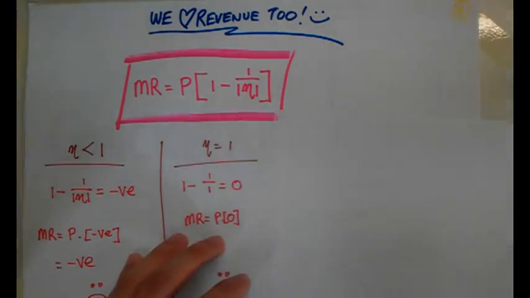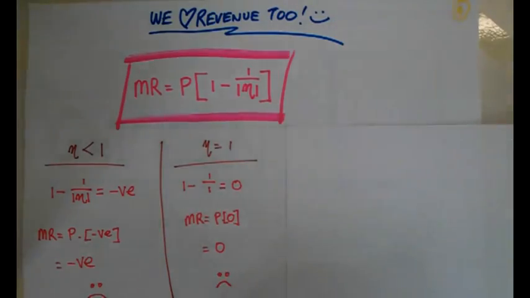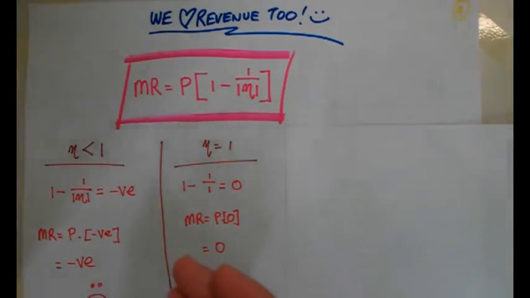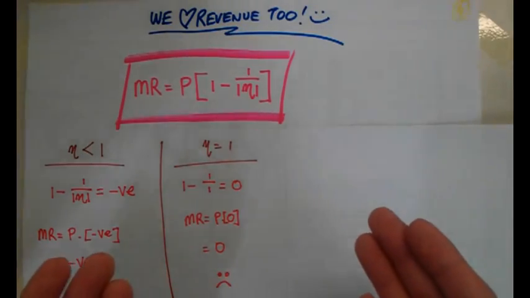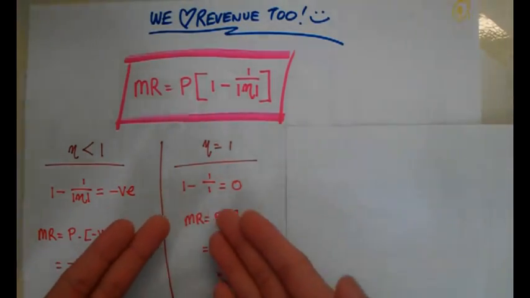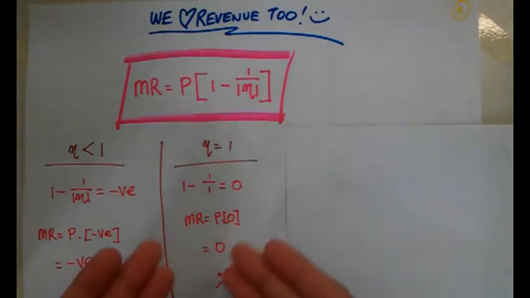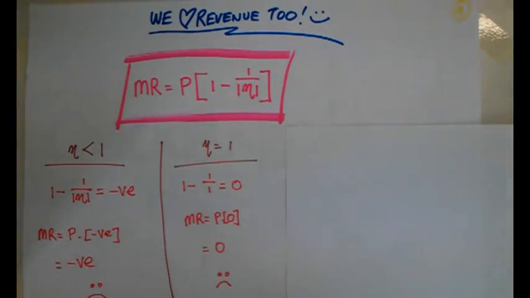Next, if my PED is equal to 1, we call this unit elastic, or unity. That means I have 1 minus 1 over 1, which is 1 minus 1, equal to 0. My marginal revenue will be 0, and we don't like that either.